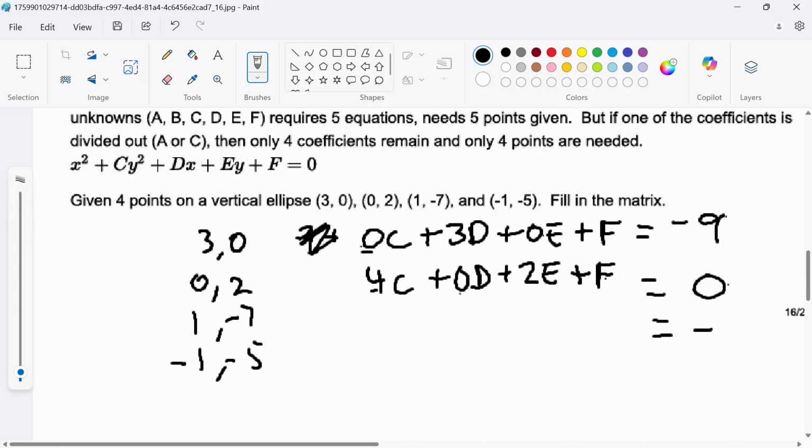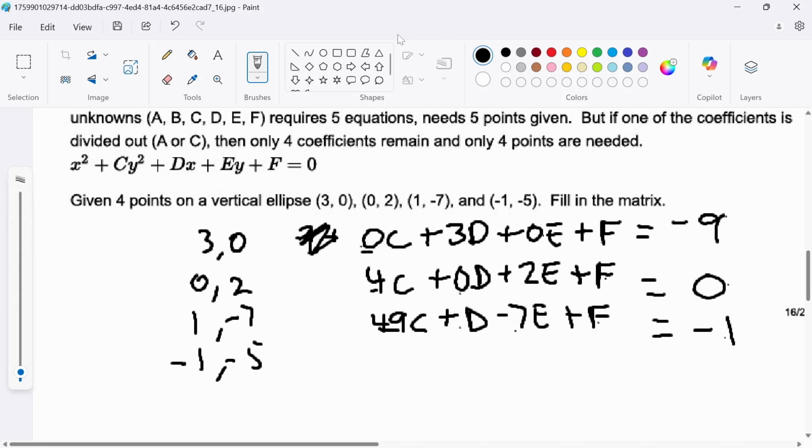I'm going to subtract 1 from both sides. cy squared, negative 7 squared is 49, so it's 49c. Plus dx, so plus d, x is just 1, plus ey, so minus 7e. E times y is minus 7e, plus f equals minus 1. So in the matrix, I'm going to put 49, 1, negative 7, 1, and then minus 1.